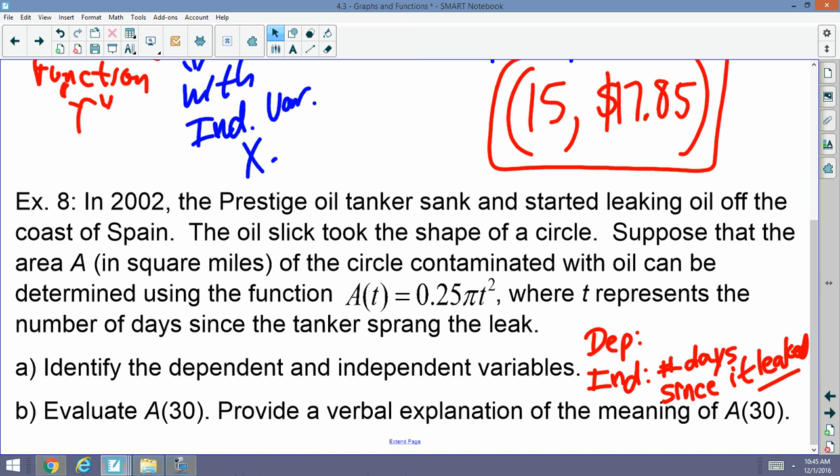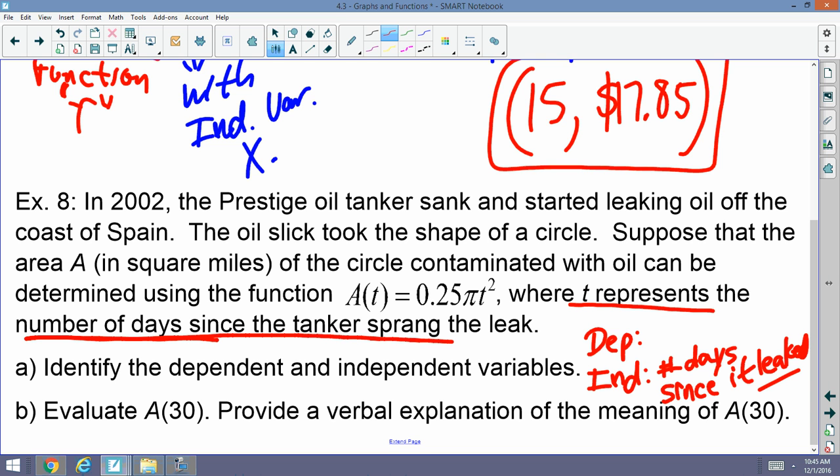You're not trying to look for the leprechaun at the end of the rainbow. All you've got to do is read. T represents the number of days since the tanker sprang a leak. So when I say to you guys, what is t? You actually tell me things like days of the year. What?